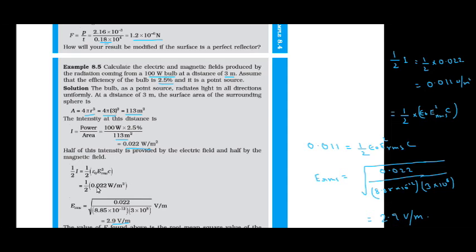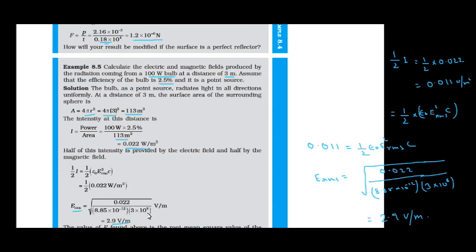Put the value of I, half into I, and then if you solve for E RMS, it is under root 0.022 upon 8.85 into 10 to the minus 12, this is the value of epsilon naught, and C, 3 into 10 to the 8 meter per second, the velocity of light.